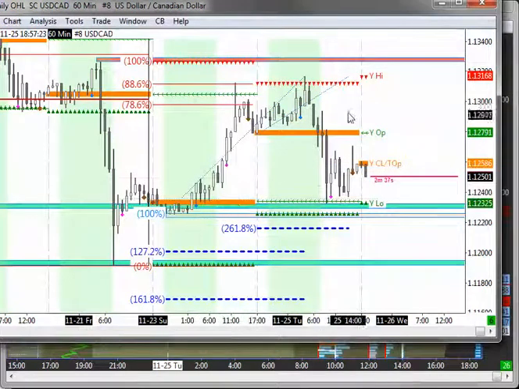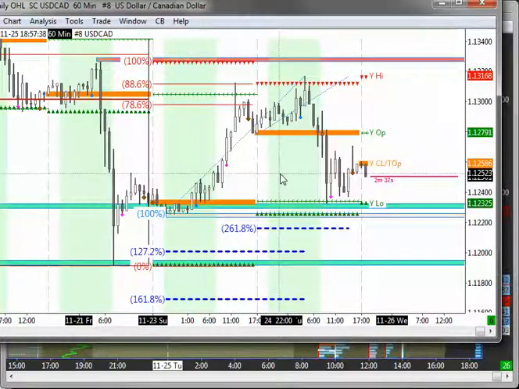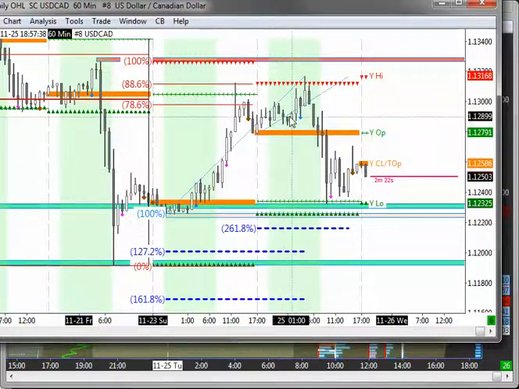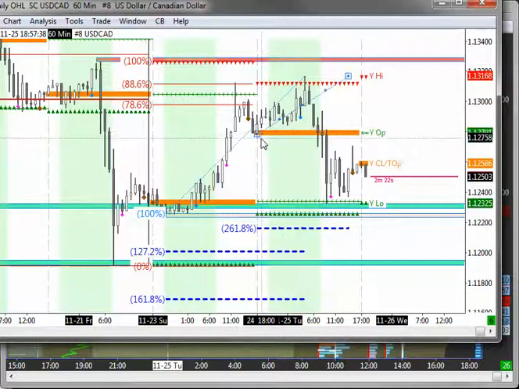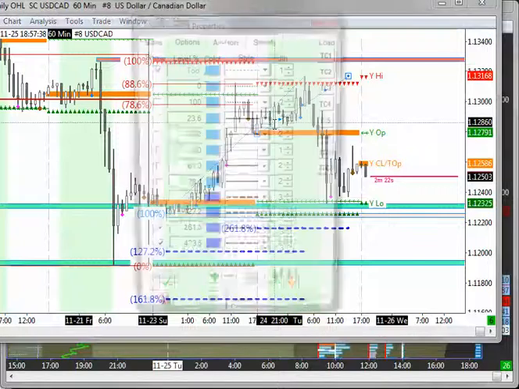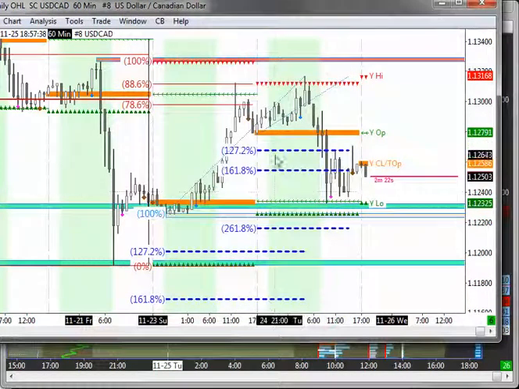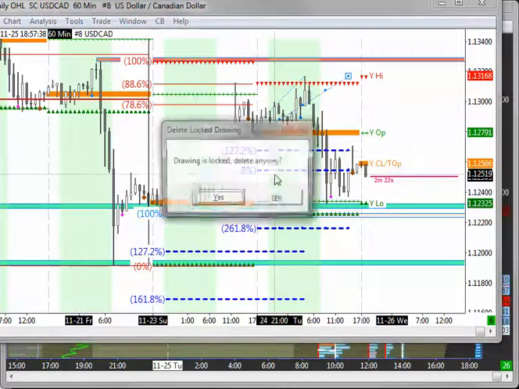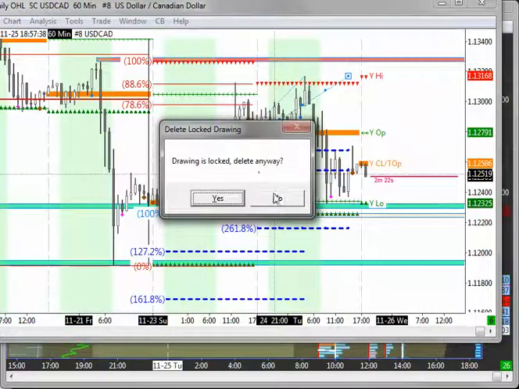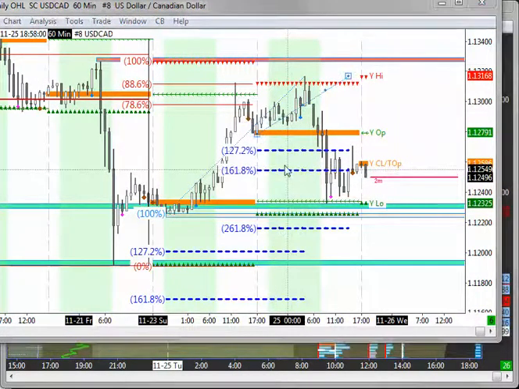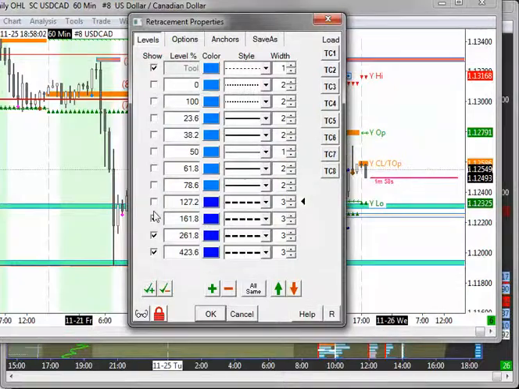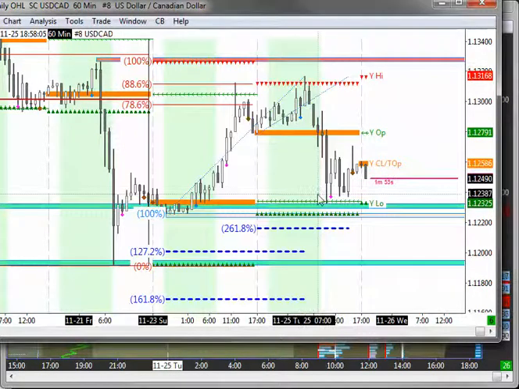We 100% retraced. The 618 didn't really put up much of a fight, and that's what I had there. And then this little move up, I had put in a fib to see what that looked like, and that too did not put up much of a fight on the 127 and 1618. However, the 2618 is still there, and that could still be in play.